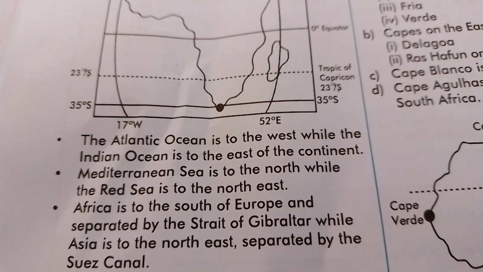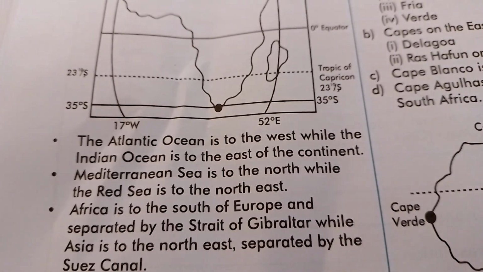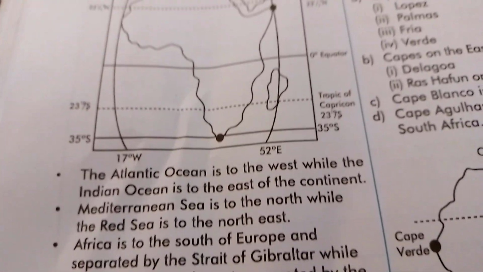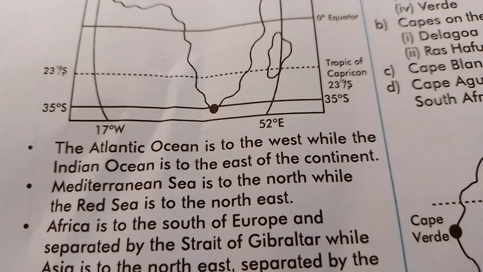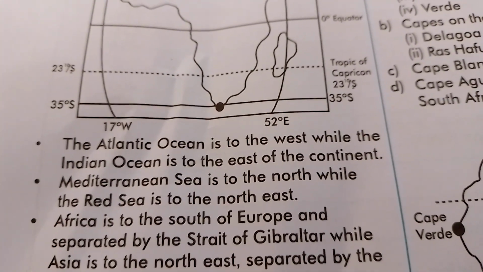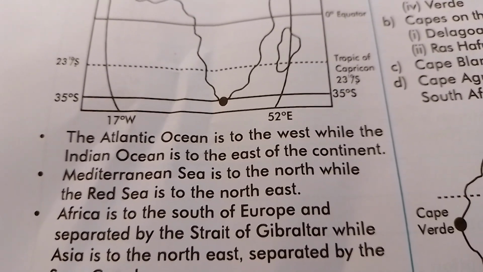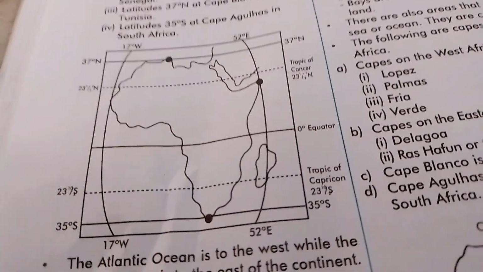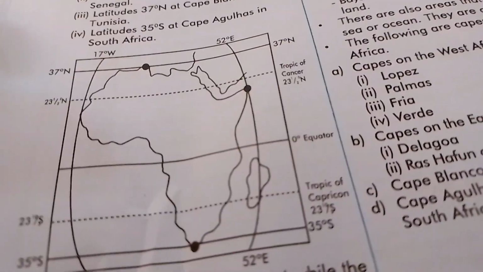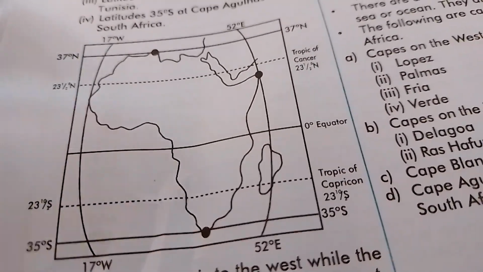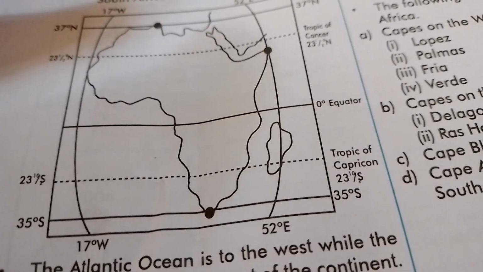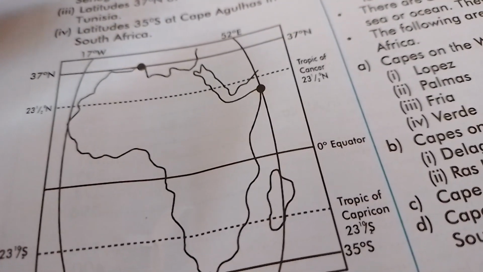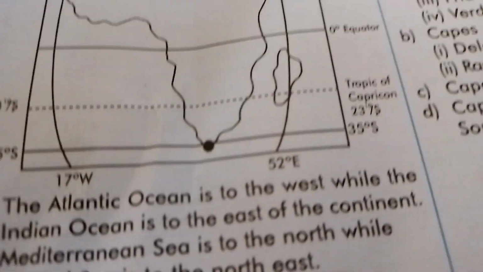The Atlantic Ocean is to the west, while the Indian Ocean is to the east of the continent. Now you can see the Mediterranean Sea is to the north, while the Red Sea is to the northeast. We have the northern side of the map. You can see this is what we call the Mediterranean at the northern part of Africa.